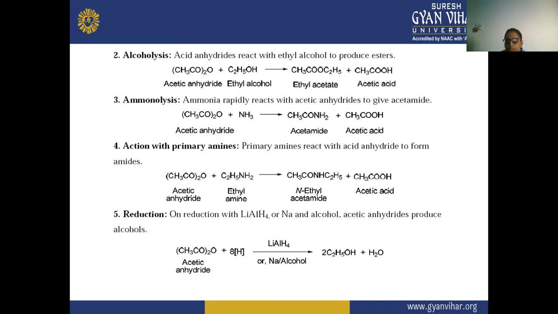So in this, you can see (CH3CO)2O, that is your acetic anhydride, plus ethylamine, that is C2H5NH2, and there is a formation of this N-ethyl acetamide plus acetic acid. From this ethylamine, the H is removed, so the proton is removed from here, so it is getting the negative charge, and the proton is getting the positive charge.